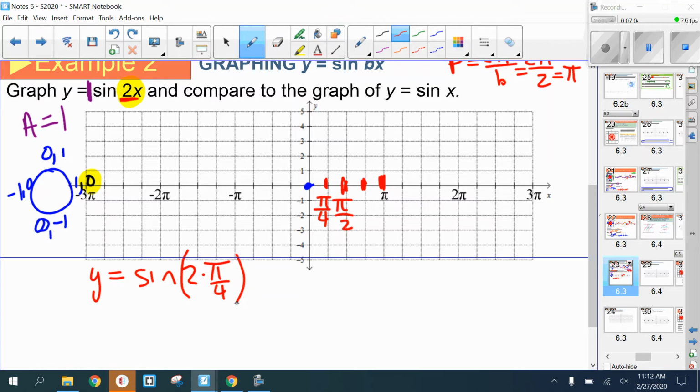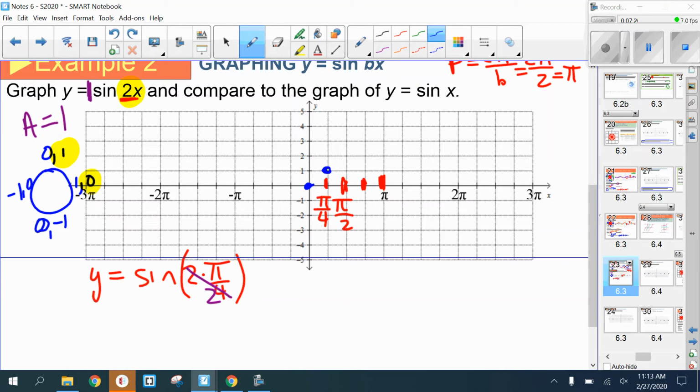And what happens is 2 cancels with the 4 and gives me pi over 2. And so that takes us right back up to here at pi over 2. And so we're not taking sine of pi over 4. It's getting doubled, so it's sine pi over 2. And sine pi over 2 is 1, and that's why we're going to graph right there.